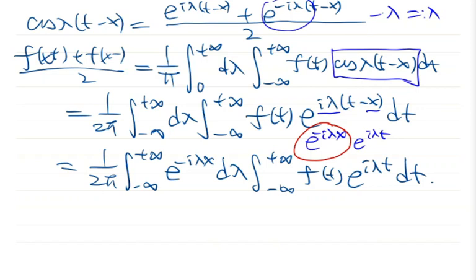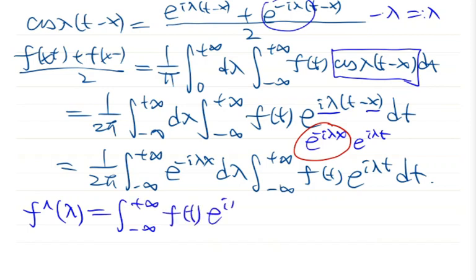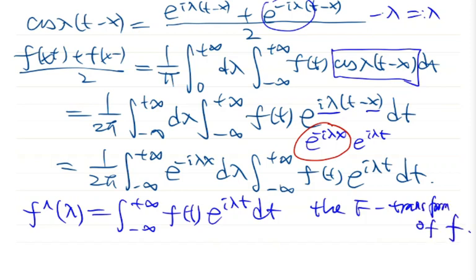Now, for a given function f, we call this, the integral from minus infinity to positive infinity of f(t) e to the i lambda t dt, the Fourier transform of f, the Fourier transform.